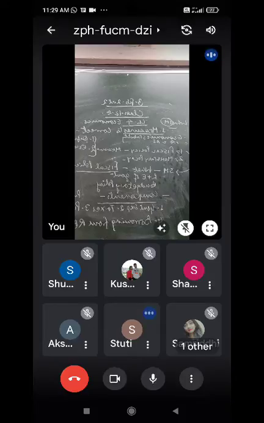Say again, first is fiscal, and second, monetary. Which policy is it? Monetary policy. Okay. Now, for 3 marks, first point, Kushagra, explain about the fiscal policy.